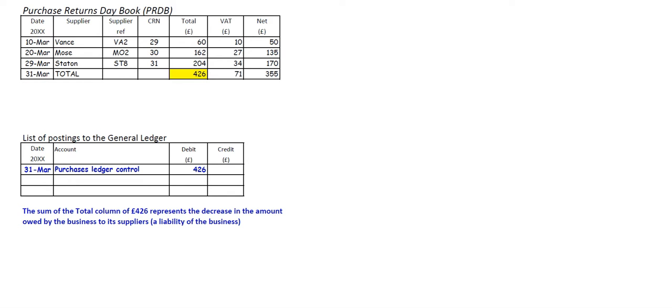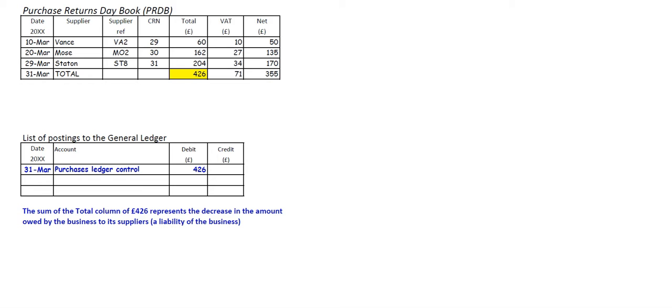And this will be recorded in the purchase ledger control account, because this is the account where we calculate how much is owed to all of the different suppliers. It's going to be recorded in the debit side, and it's a debit because this represents a reduction in the amount that is owed to the suppliers, and a reduction in a liability is always recorded as a debit.